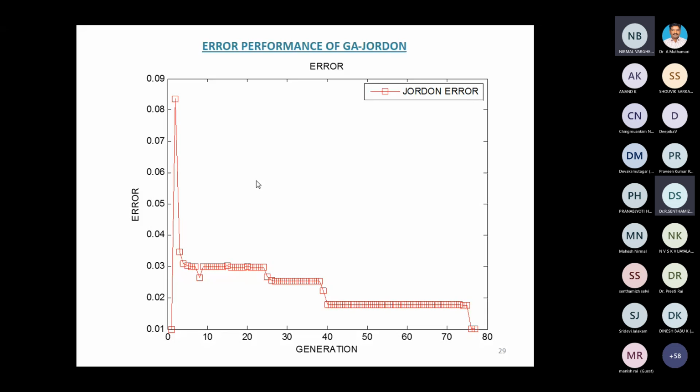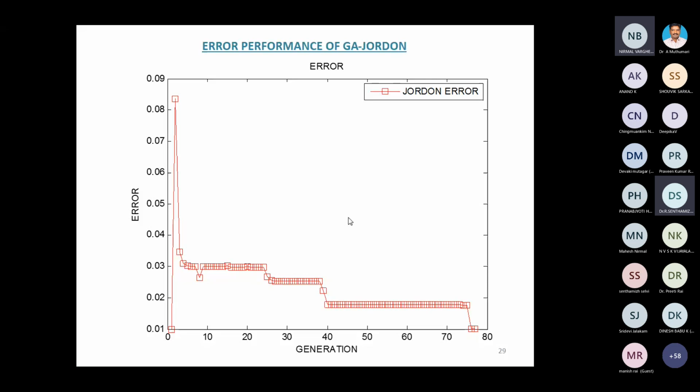Okay, this shows how my GA Jordan architecture is performing. And this is a very important chart. Suppose this graph is not available in my presentation, it means that I have not tuned the recurrent neural network, I mean the Jordan recurrent neural network, with the genetic algorithm.